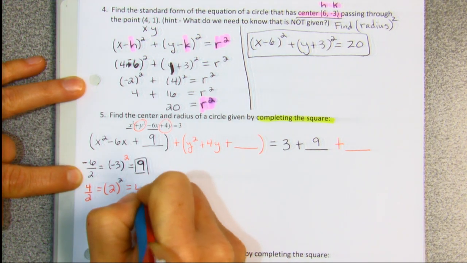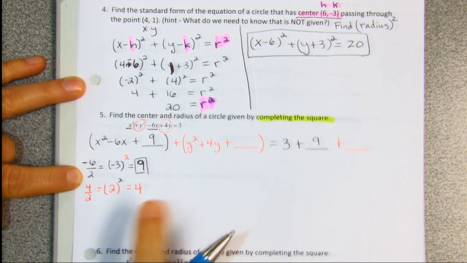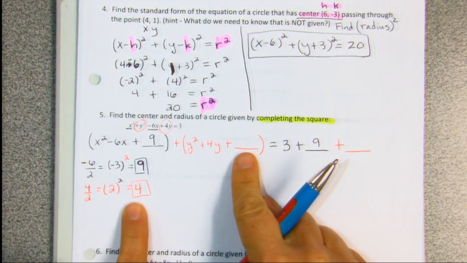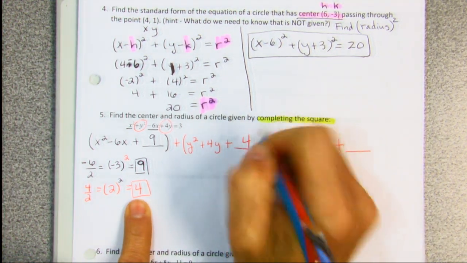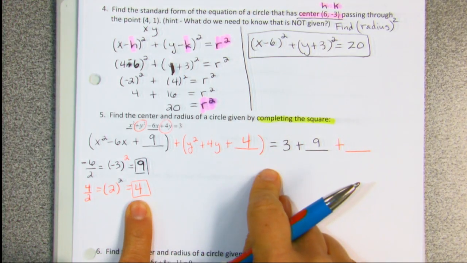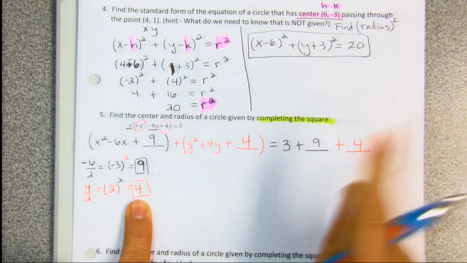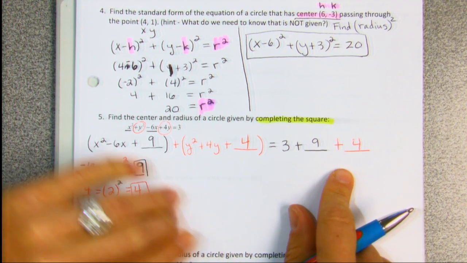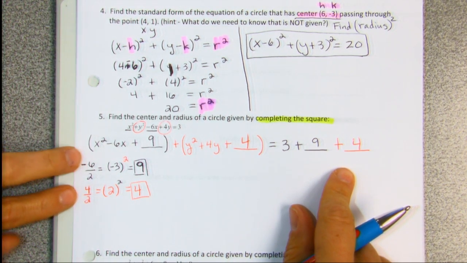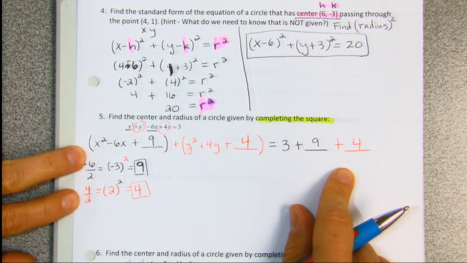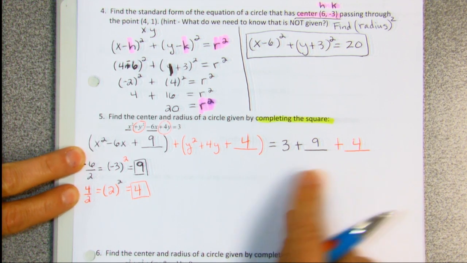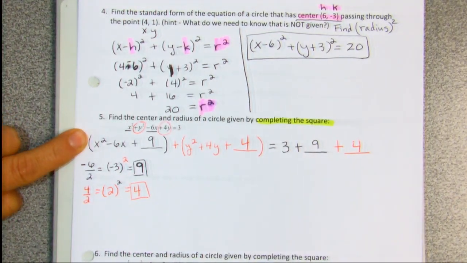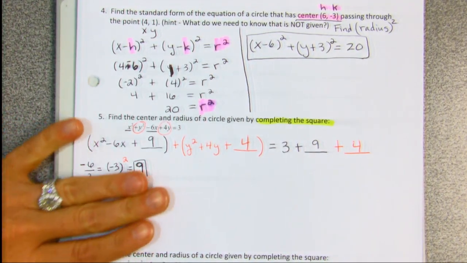So that gives me the number 4. So this is the perfect square number that I'm going to add to this. That makes that a perfect square trinomial. So we'll add that over here. This is what you're doing to complete the square. That's basically what you should have done on number 7, right? You would have just told me if this was the polynomial, you would have added 9. That's what I was wanting to know on that part of the quiz.